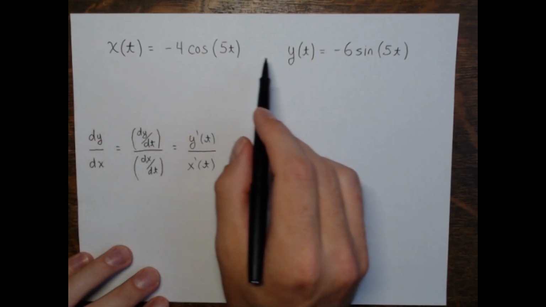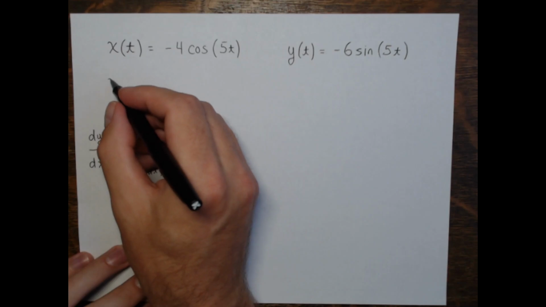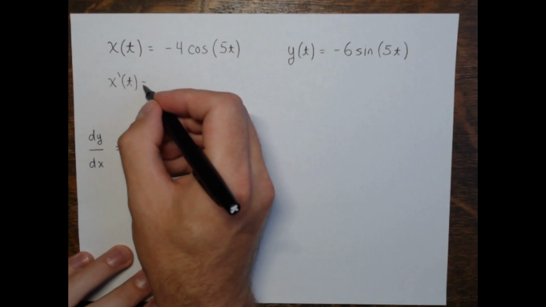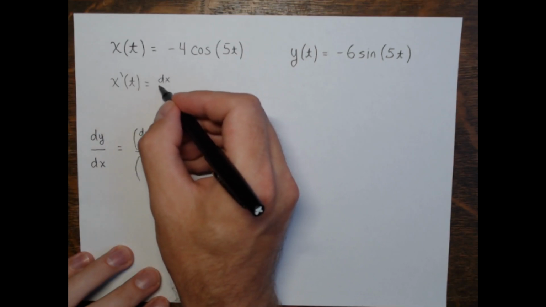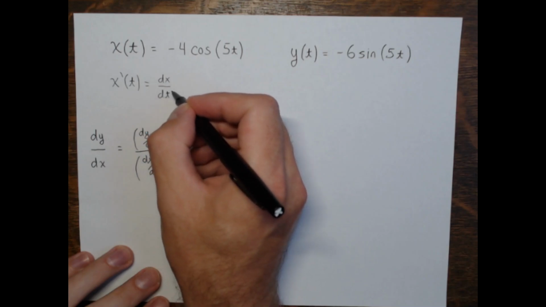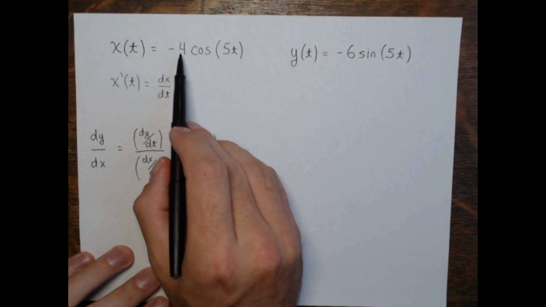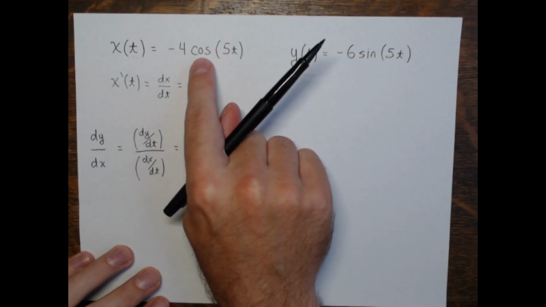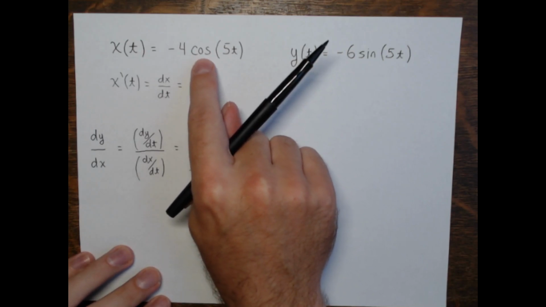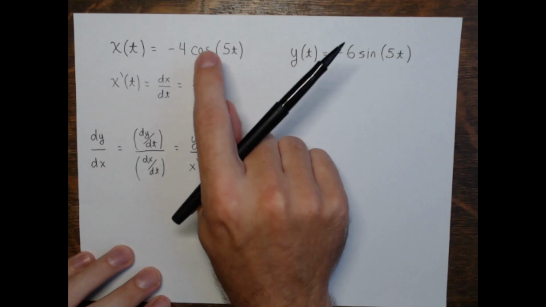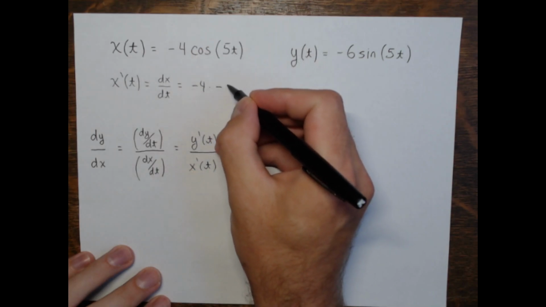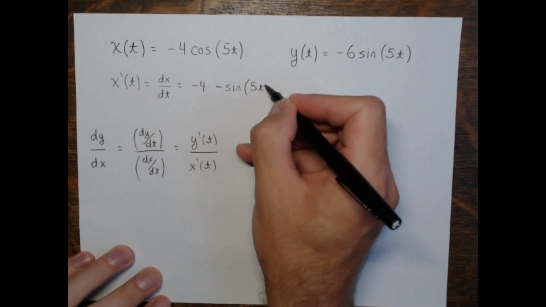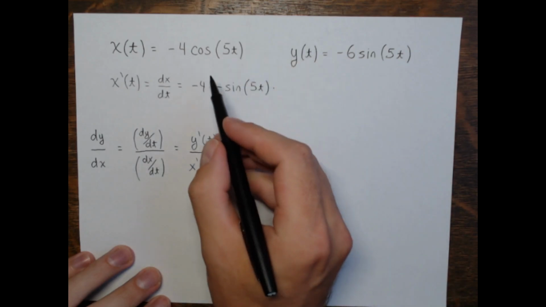All right, so going through the parametric equations again, x of t is this, so x prime, or you could call it dx over dt, same thing, would be -4, right? The constant multiple stays. And then you might recall the derivative of the cosine of something was negative sine of that thing, so times negative sine of 5t, but then we got the chain rule going on.